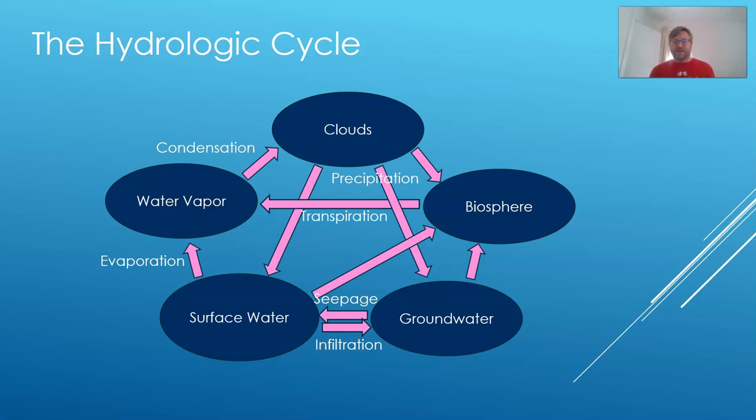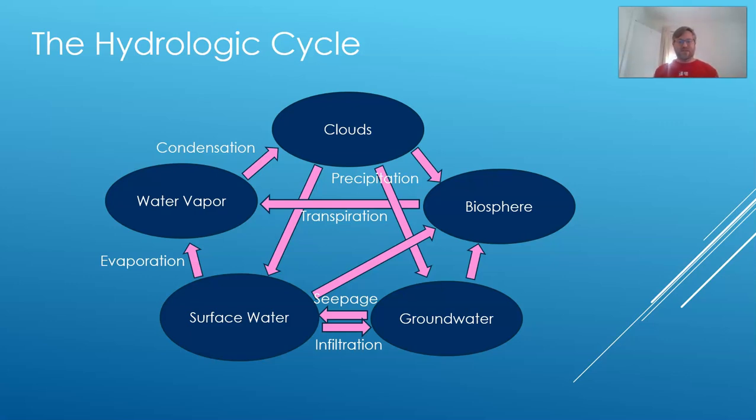Then the biosphere can lose that water through transpiration, which basically means that as you are doing the processes that enable you to photosynthesize as a plant, that gives off water vapor. So that's one way that water flows from the biosphere stock into the water vapor stock. You've also got evaporation from like sweat and from animals and various other ways, right, that flow may occur.